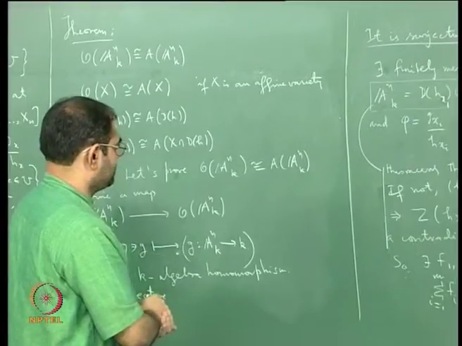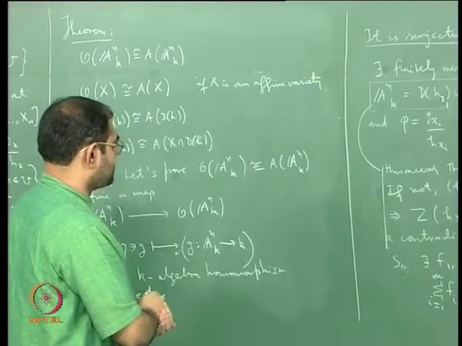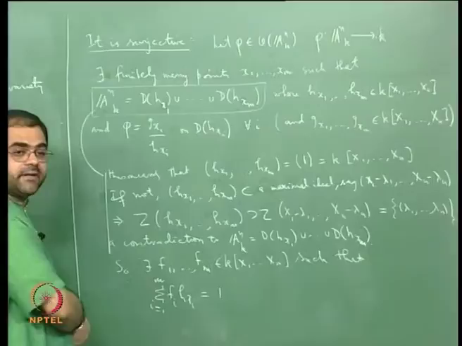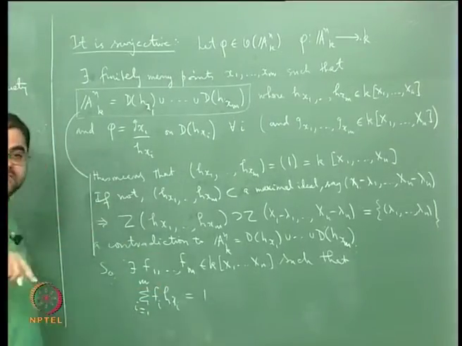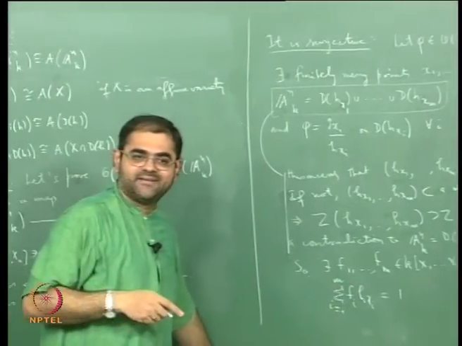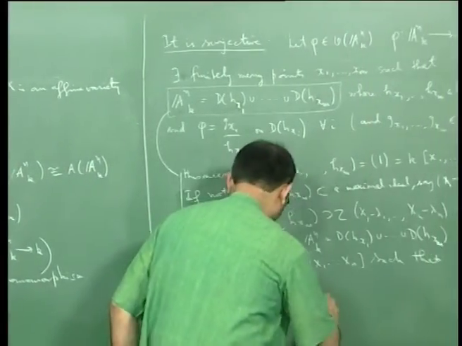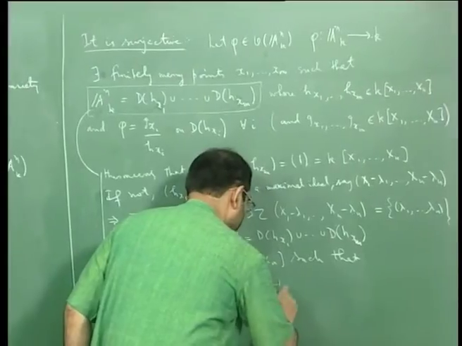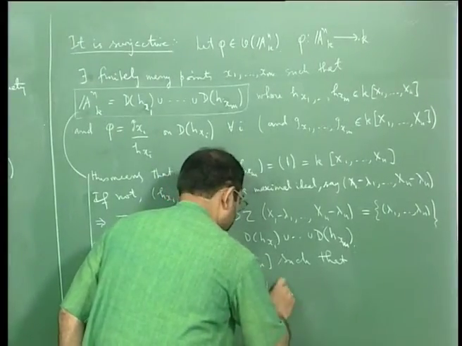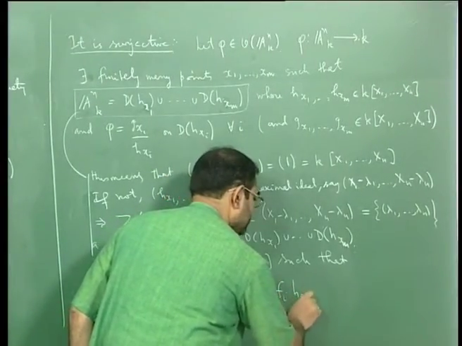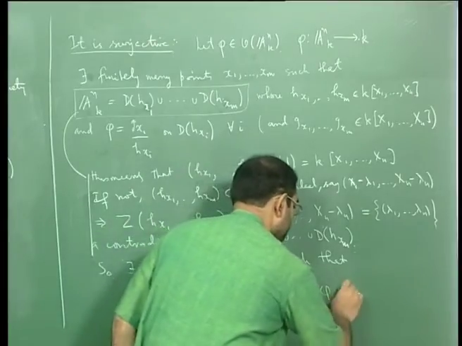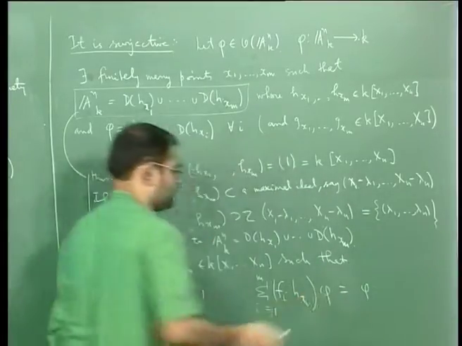that's pretty easy to see. So the trick is you multiply both sides by phi, okay, and so let me do that. So sigma i equal to 1 to m f_i h_xi into phi is equal to phi, okay.